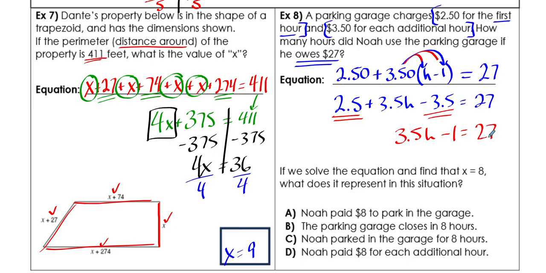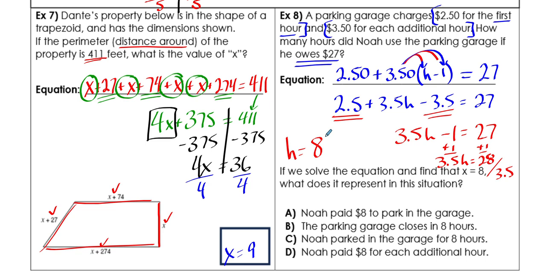That still equals 27. Add 1 to both sides. That gives us 3.5h equals 28. And then we'll divide by 3.5 on both sides. So we get that h, or the number of hours, is 8.